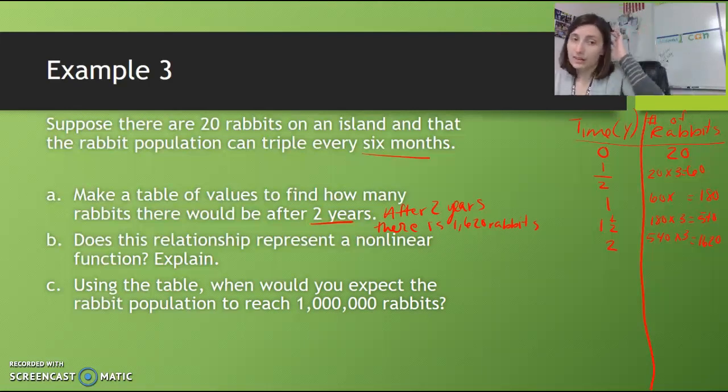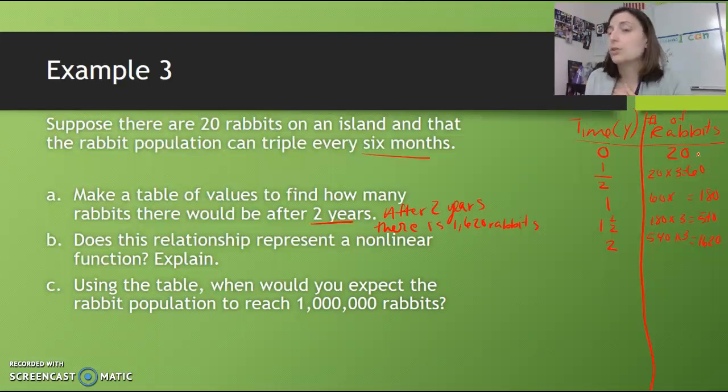Now, we're asked, does this relationship represent a nonlinear function? And explain. And so, again, our time, we're increasing by half each time. So our time is constant. We just have to look at our y values. And so 60 minus 20 is 40, but 180 minus 60 is 120.